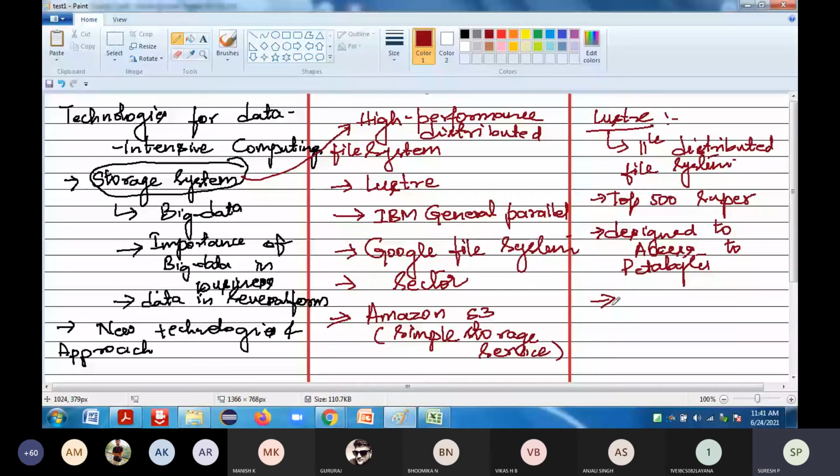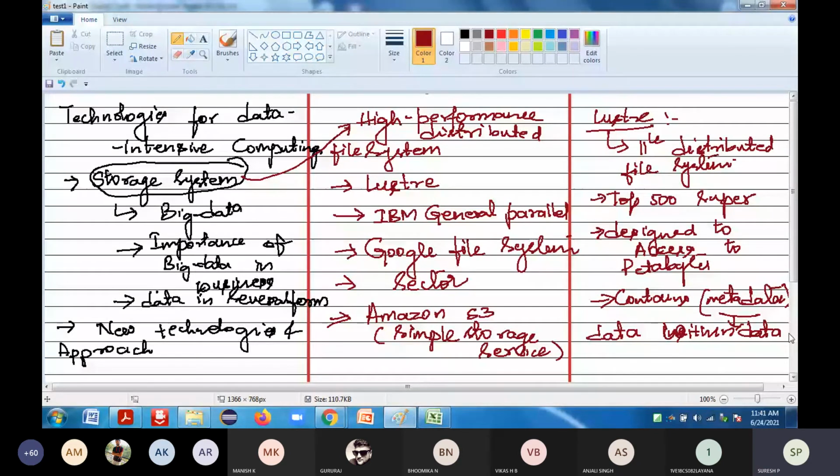What is meant by metadata? Metadata is nothing but data within data. You use it for security purposes, or for proper retrieval of the data from the file system. So this contains the metadata information of the file system, whatever is stored here in your Lustre.